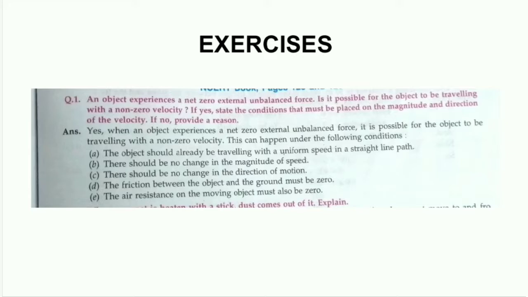Second case is, there should be no change in the magnitude of speed. Third case is, there should be no change in the direction of motion. The fourth case is, the friction between the object and the ground must be zero. The fifth case is, the air resistance on the moving object must also be zero.